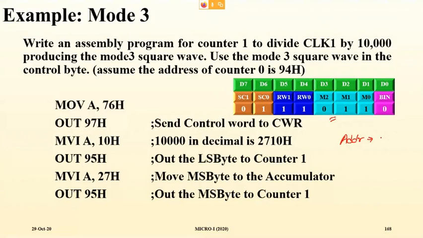You should be able to decode the address from the circuit. If a circuit is provided, you must be able to decode the address from it, or you can decode the address by knowing only one of the addresses. If you know only one address, the rest you can decode because they are in sequential manner.